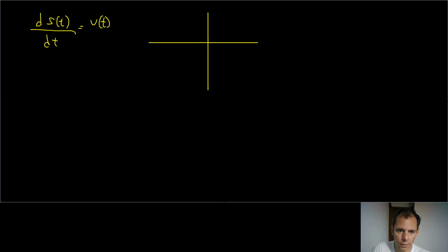If you have here, this is going to be time, and here I'm going to put the velocity with respect to time. Let's just say that the velocity is constant. So for the velocity to be constant, we're going to do this.